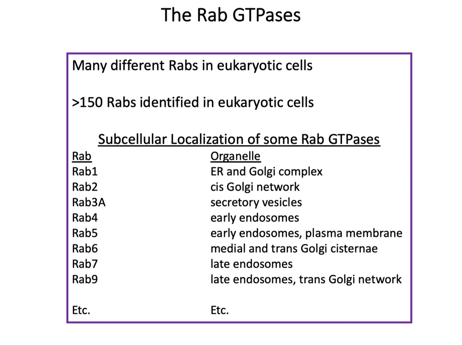Rab9 is involved in trafficking to the late endosome from the trans-Golgi network, and so on. Here is how Rabs confer their specificity, as you can see for some of them here. Depending on where the vesicle is budding will dictate which Rab interacts with which particular forming vesicle. Of course, the target membrane will have the appropriate Rab receptor as well.